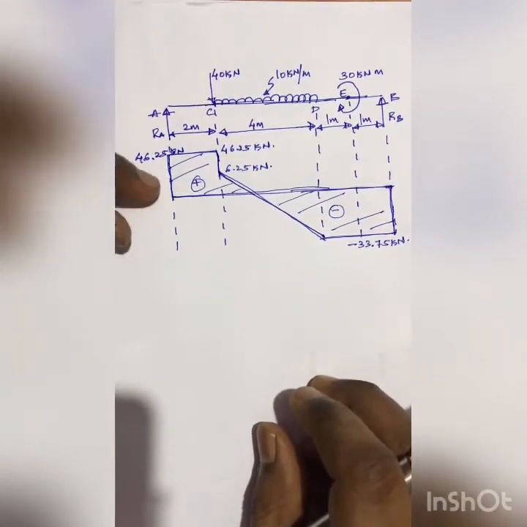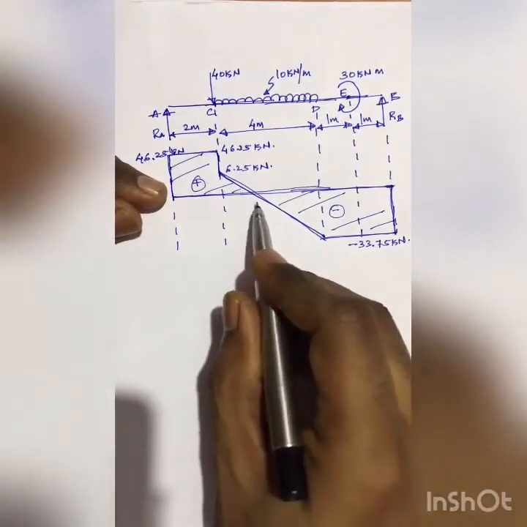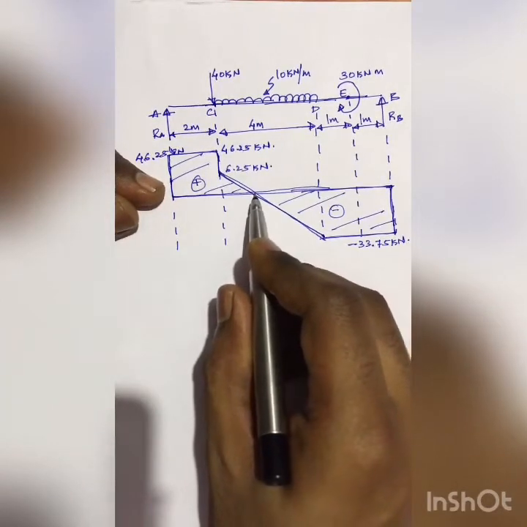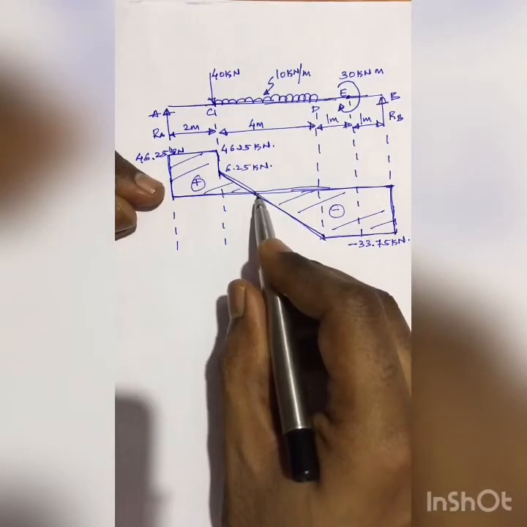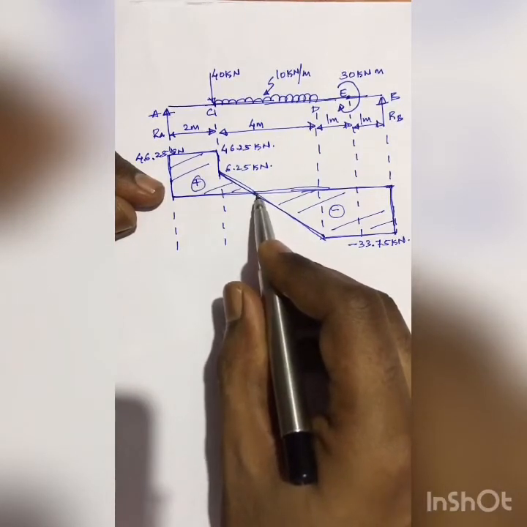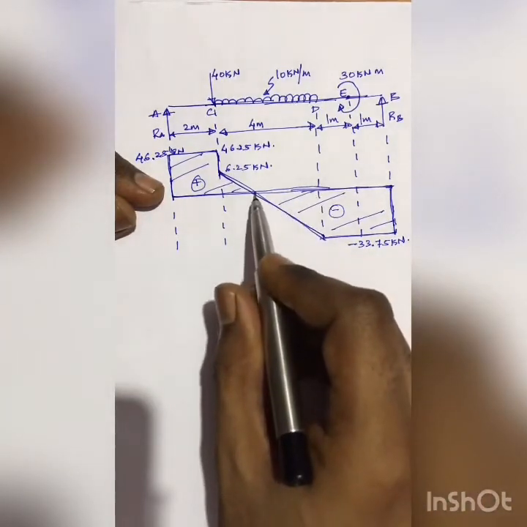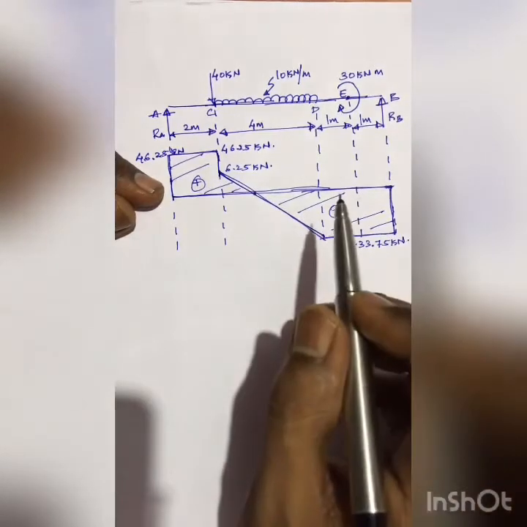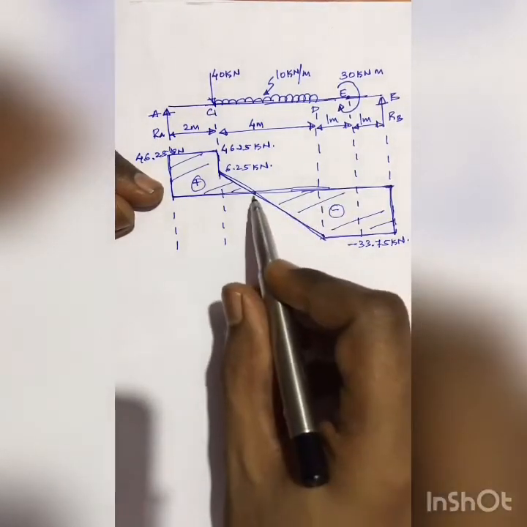Now, next I noticed that at one point here the shear force becomes 0, and I want the location of this point, because at this particular point the bending moment will be maximum. If I don't find its location, I will not be able to find the maximum bending moment, which I need later in the bending moment diagram. So first we'll find the location of the point where shear force is 0.